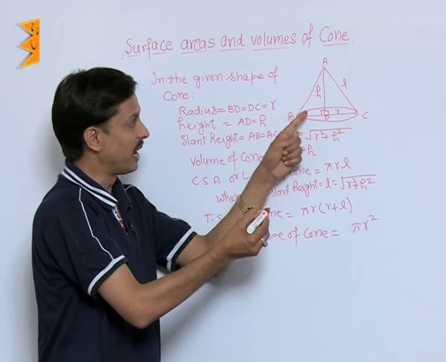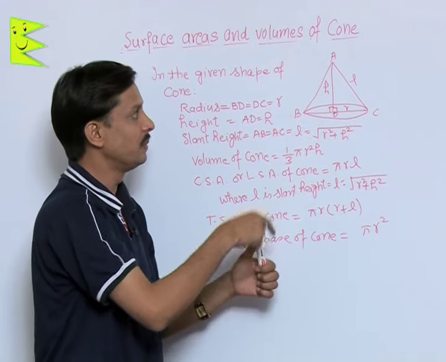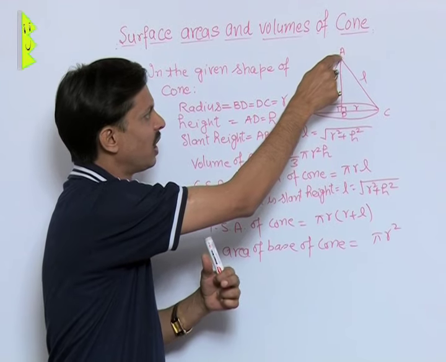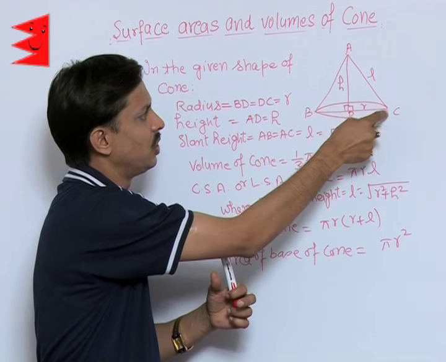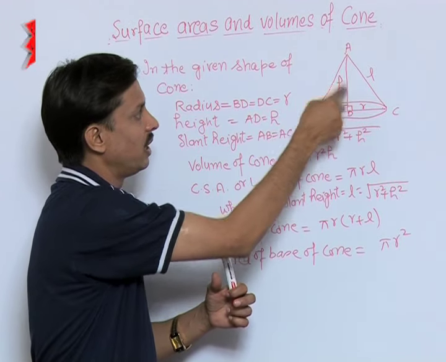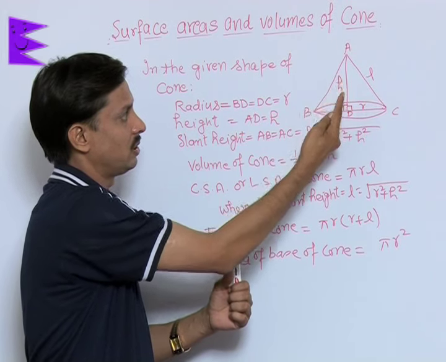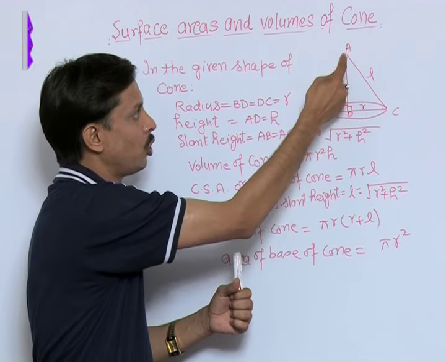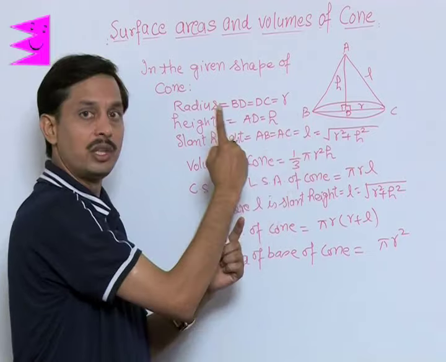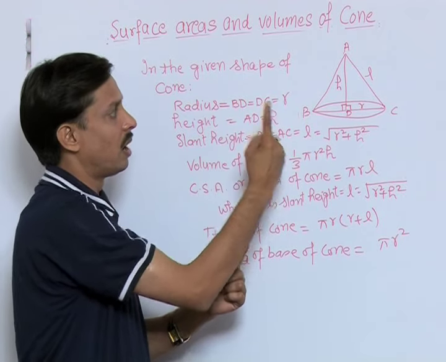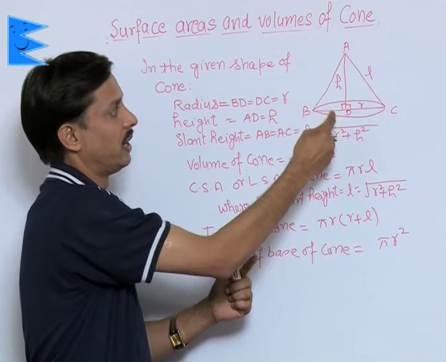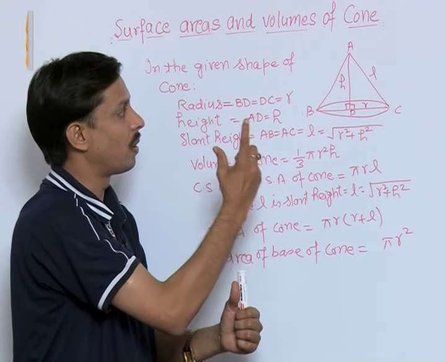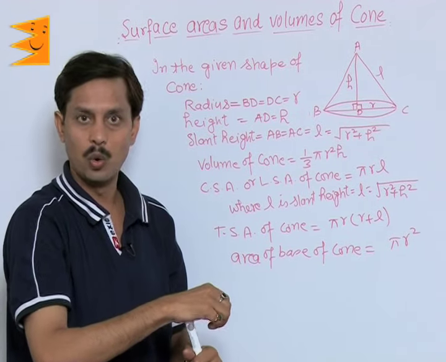So how it has formed, you can see that there was a right angled triangle ADC, and AD is kept fixed. That is, the right angle triangle ADC or ADB is revolved or rotated about the height, and the figure so formed is a cone.